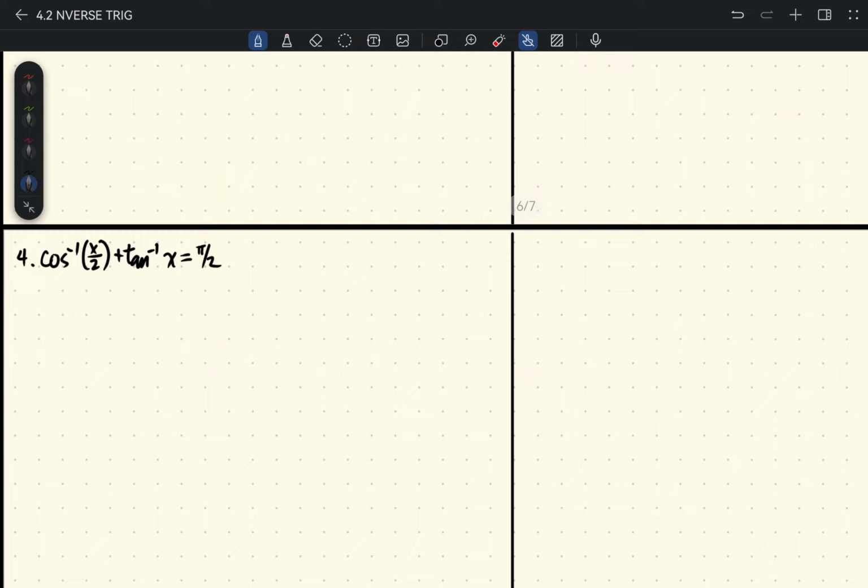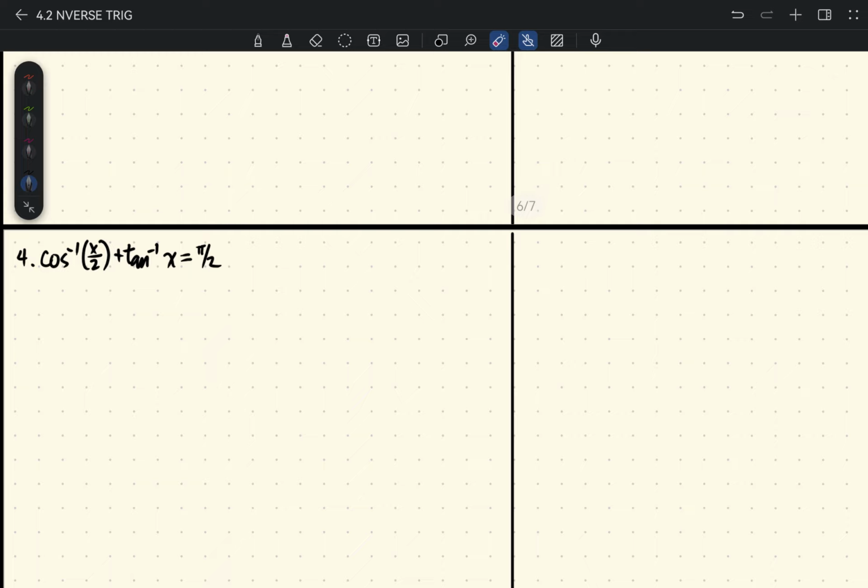Why? Once again, you have two inverse trigonometric functions involved. And furthermore, here you have an x, but here you have an x over 2. So how do we solve this?